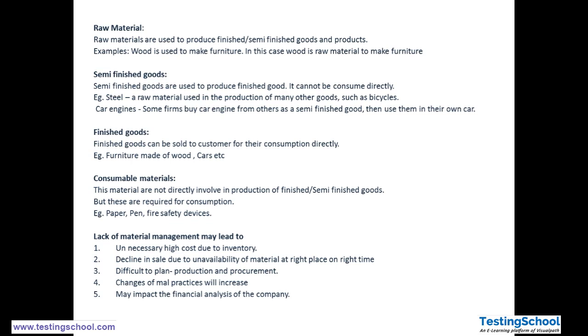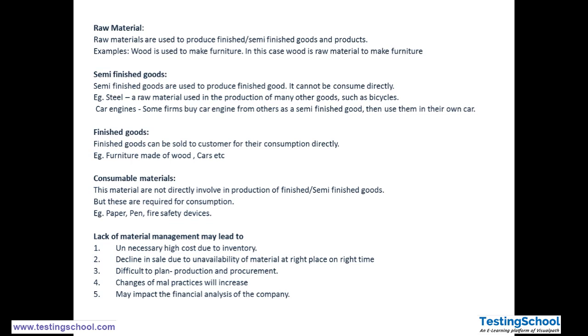Car engine: some firms buy car engines from others as semi-finished goods and then use them in their own cars. Suppose a car engine manufacturing company is manufacturing car engines, then a car assembling company purchases these engines, assembles them in their car and sells a complete car in the market as a finished product.